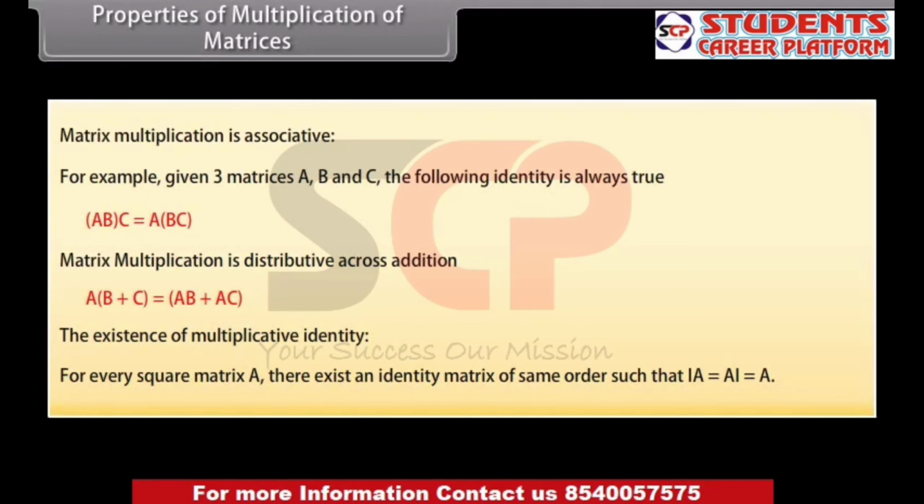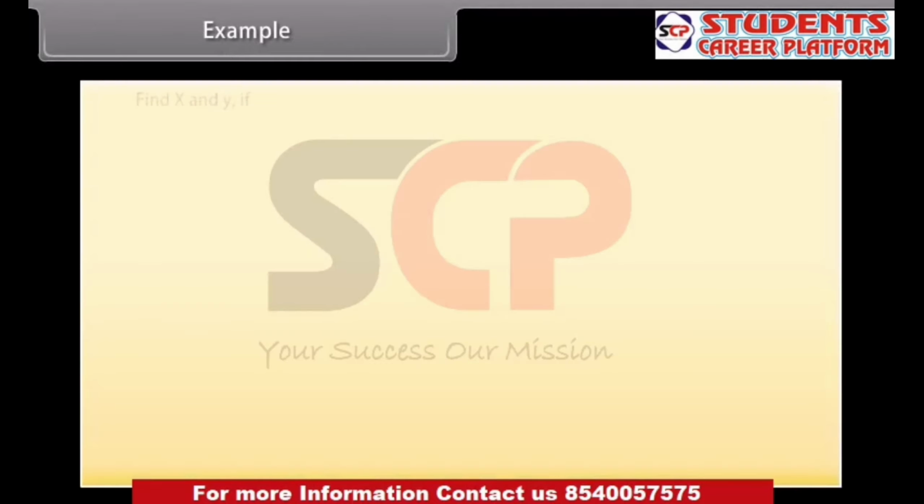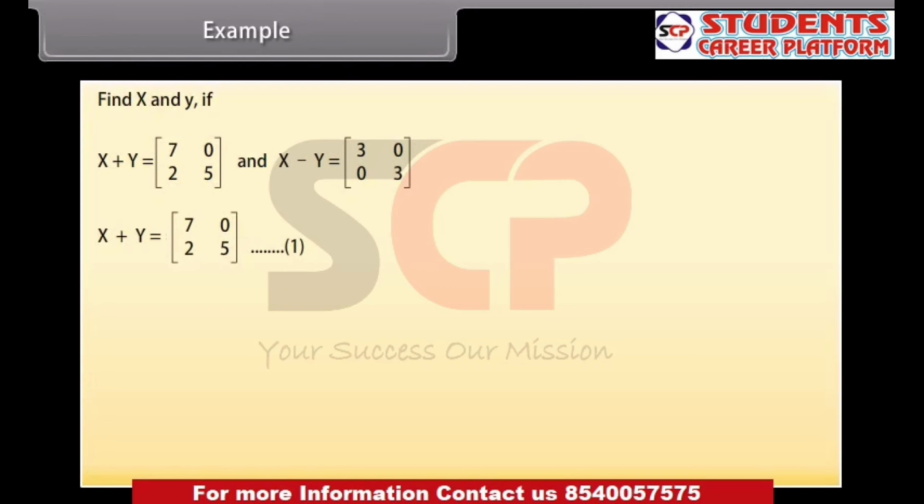Example: find X and Y if X plus Y is equal to the matrix row-wise first row 7 0, second row 2 5 and X minus Y is equal to the matrix row-wise first row 3 0, second row 0 3. Solution: given X plus Y and X minus Y, mark them as 1 and 2.